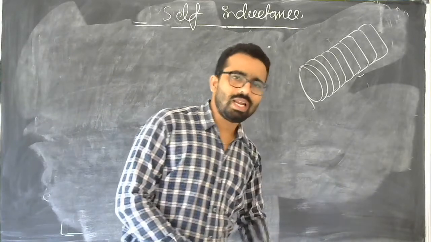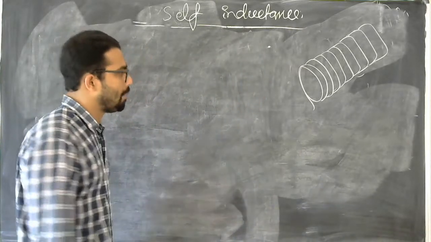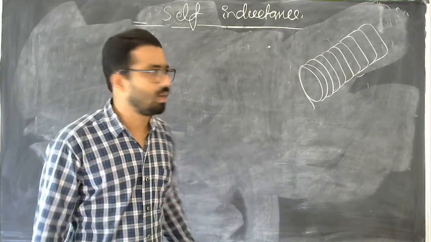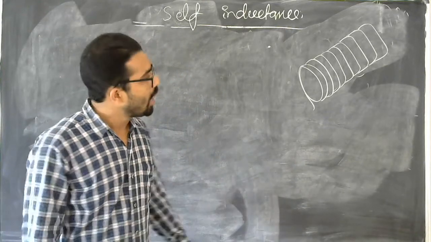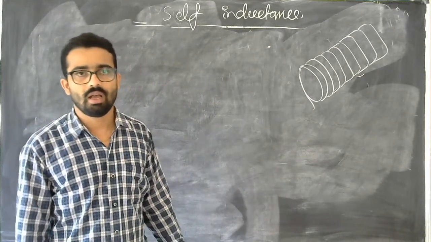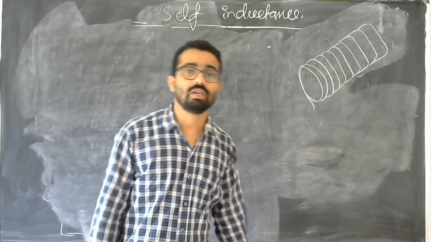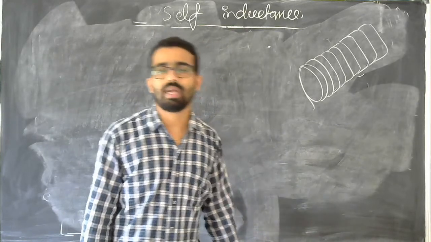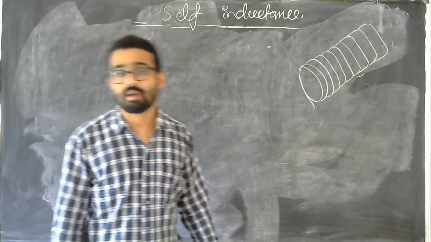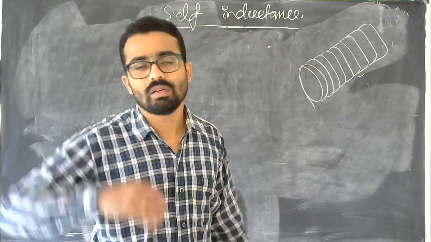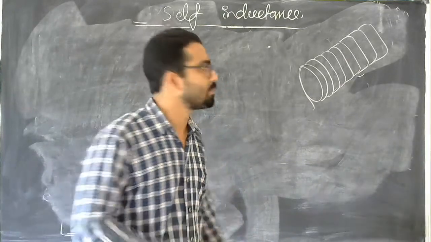Now, let us write a general formula to calculate self-inductance. We already know the formula for inductances, that is N times phi B, which is equal to K times I. That gives a relation between the magnetic flux and current. As the flux increases, the current in the coil will also increase.